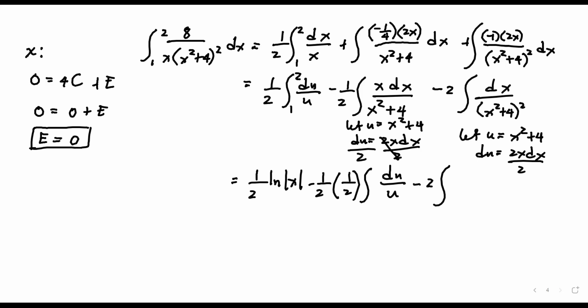Ay, hindi siya kaya. Nothing further can be done, kasi hindi natin masusulat sa ganitong form. Integral of du over u squared plus a squared, which is 1 over a.